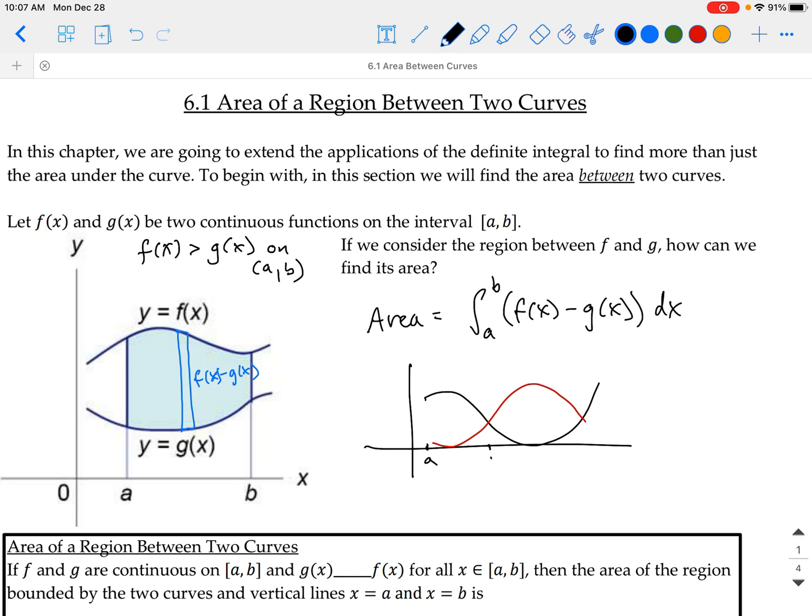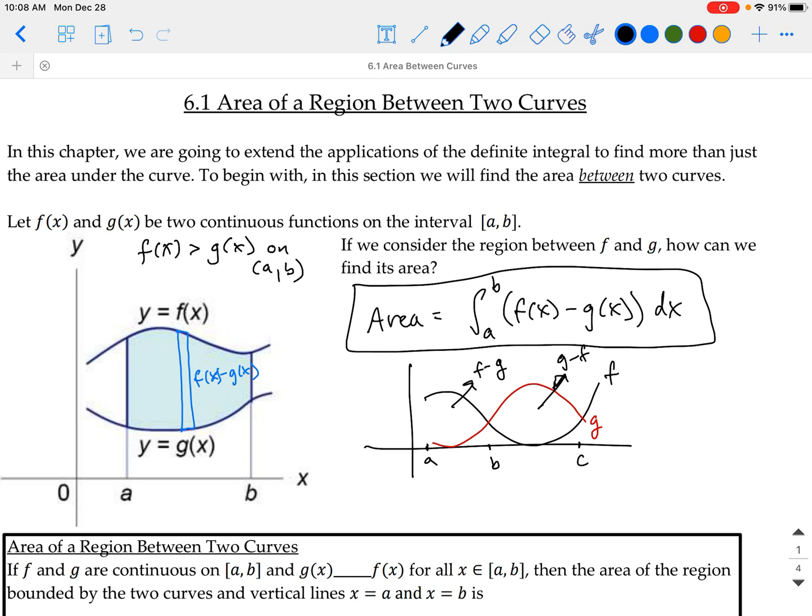So maybe we'll have A, B, and C. So if this is F and this is G, then this portion would be F minus G. But the portion here bounded above by the red graph is going to be g minus f. So we can apply this multiple times as those functions intersect with each other as well. But in general, we can think of the area between as the difference of those two functions along the interval integrated.